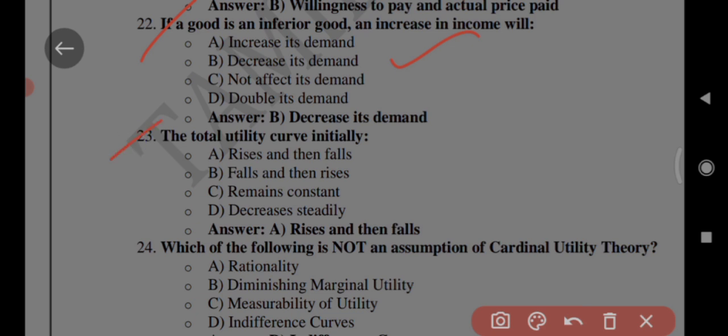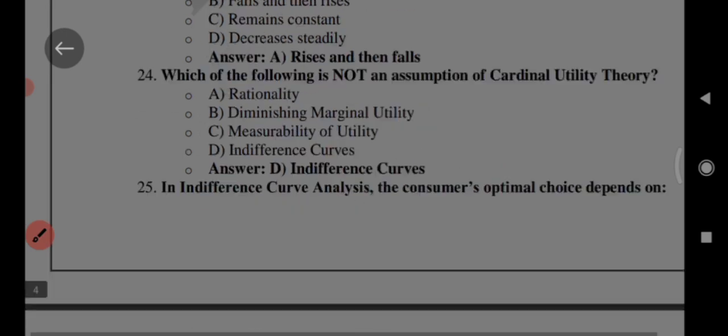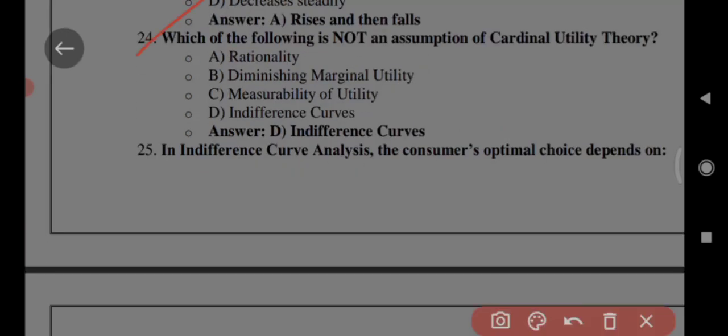The total utility curve initially, option A, rises and then falls. Which of the following is not an assumption of cardinal utility theory? Option D, indifference curves.